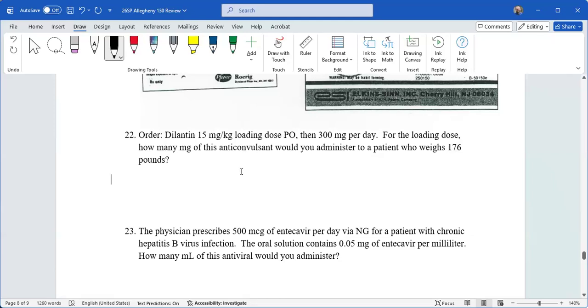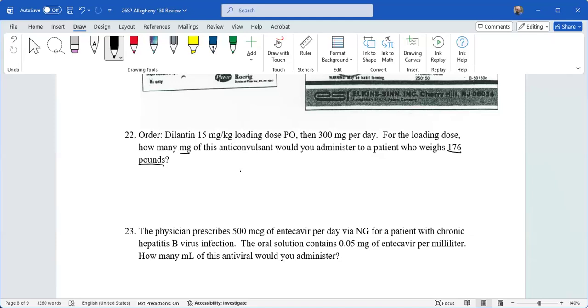So when we do this type of question, it tells us that the order is Dilantin, 15 milligrams per kilogram loading dose, followed by 300 milligrams per day as the maintenance dose. We want to know how many milligrams we are calculating based off of a patient that weighs 176 pounds.